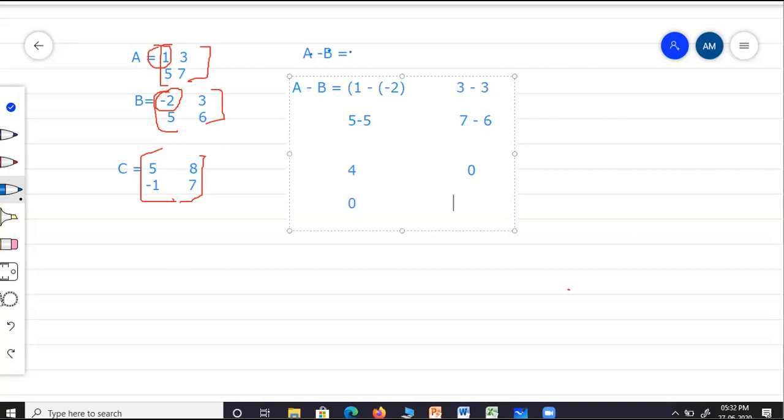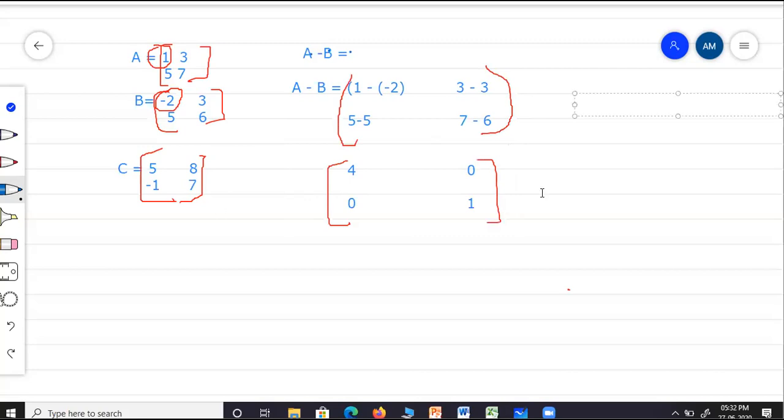And 7 minus 6 is 1. So using this technique, you can subtract two matrices or more than two matrices. Let us take another example.